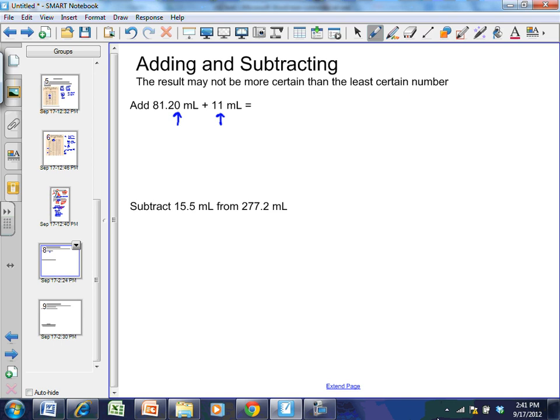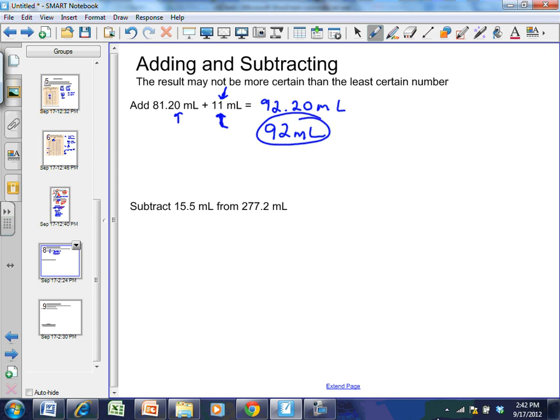The error in the 11 in the ones place exceeds all the precision in the other measurement, so it doesn't make sense to report 92.2. When we do this on our calculator, we get 92.20 mils. But we know that when we added, we put uncertainty into the sum, so we report this to the ones place: 92 mils.